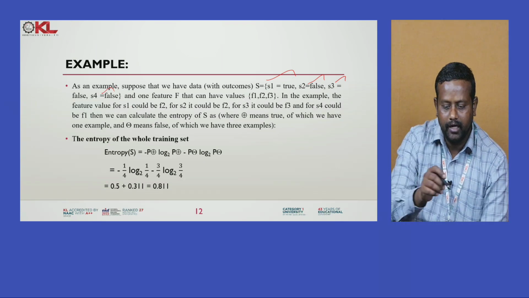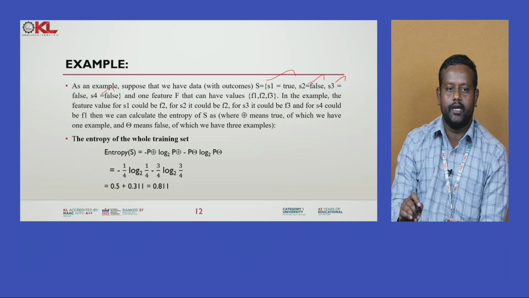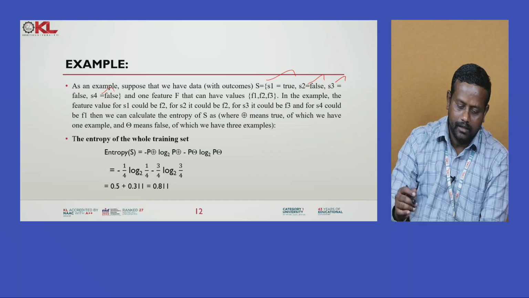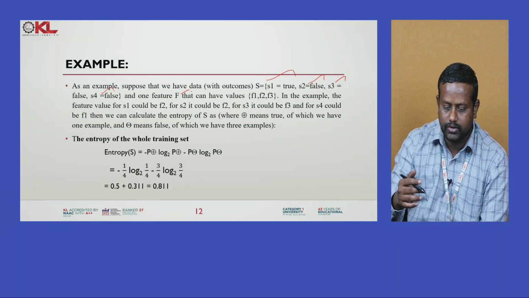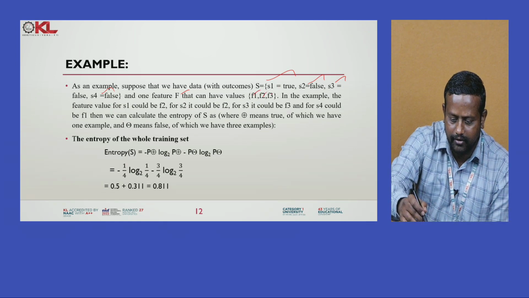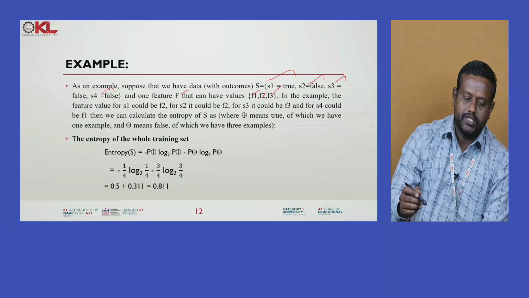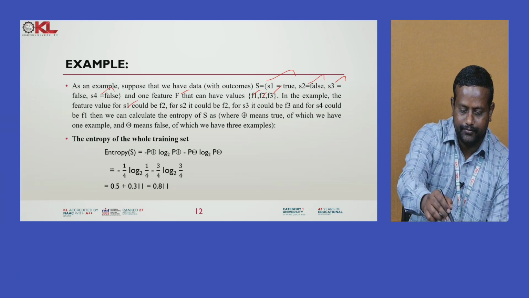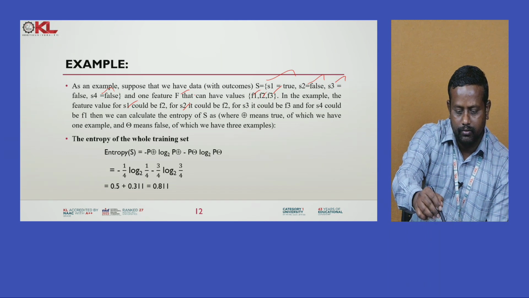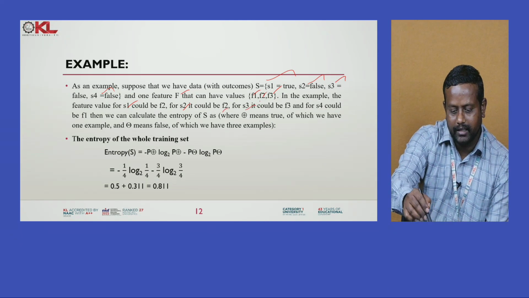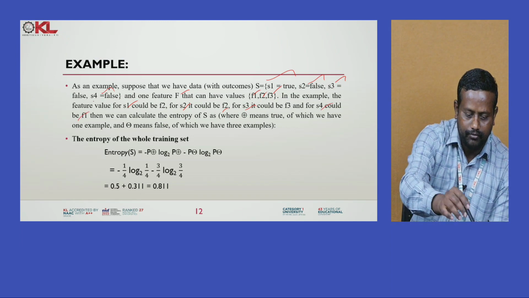So we have a set of 4 examples S1, S2, S3 and S4, and the one feature F has different types of values, which is nothing but F1, F2, F3. In the example above, the feature value of S1 could be F2, the feature of S2 is F2, S3 could be F3, and S4 could be F1.